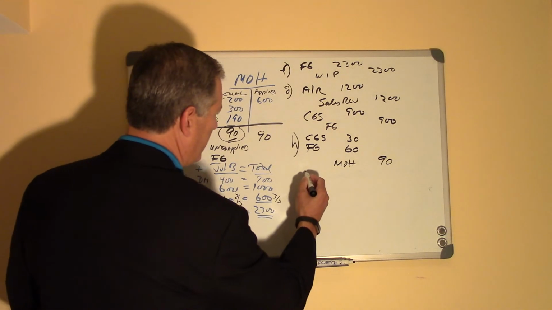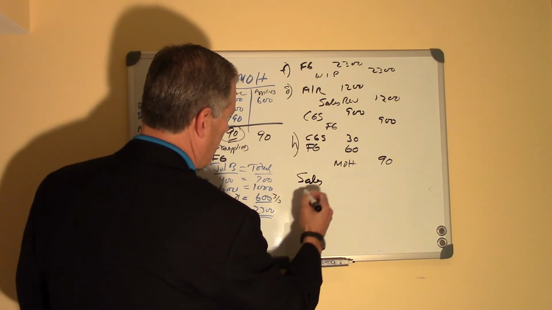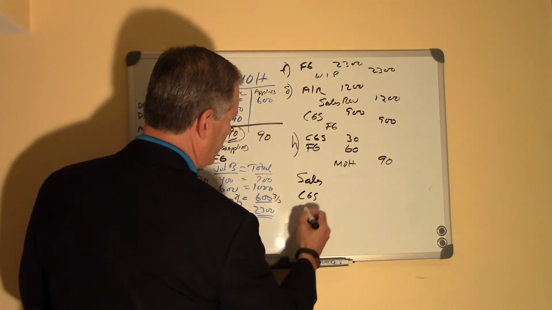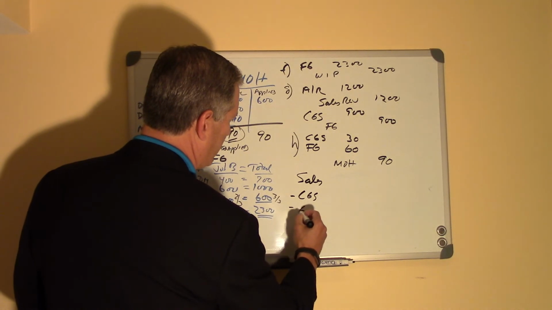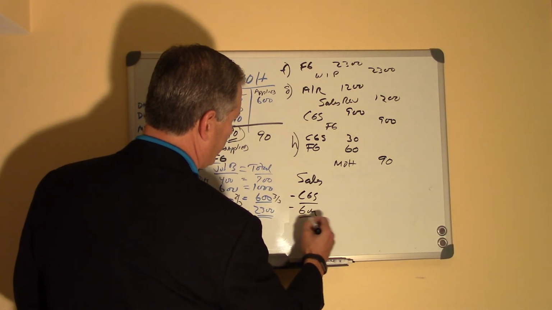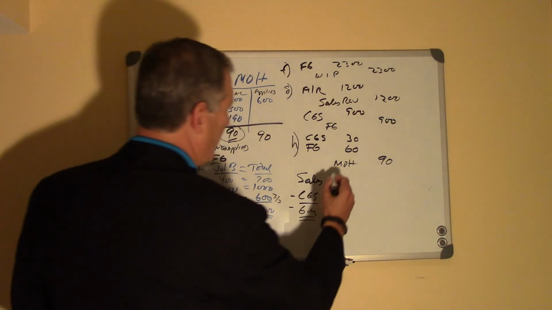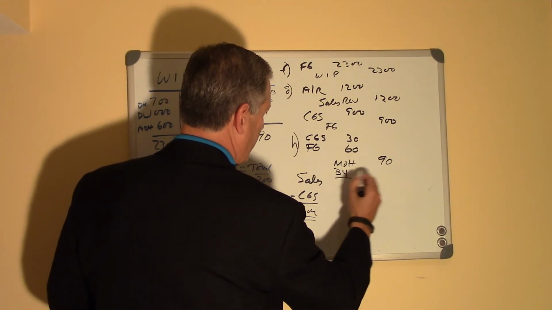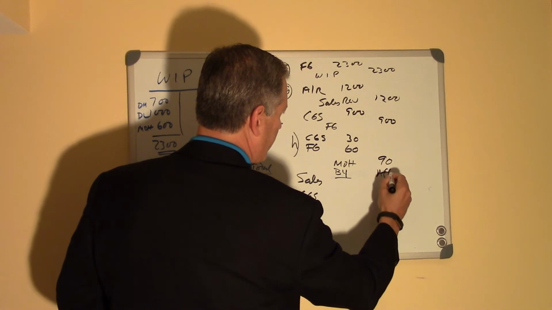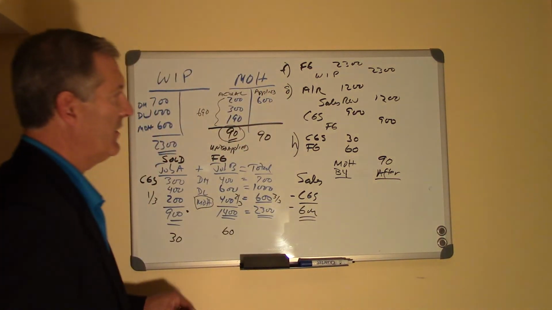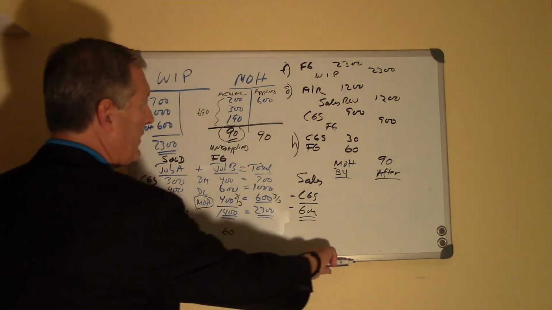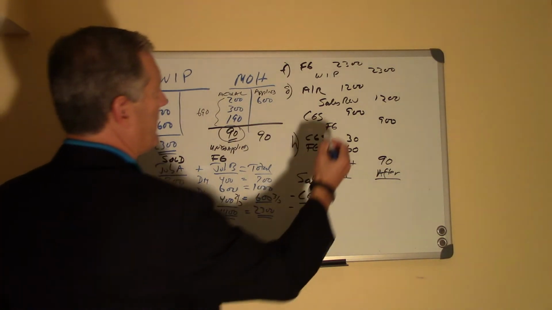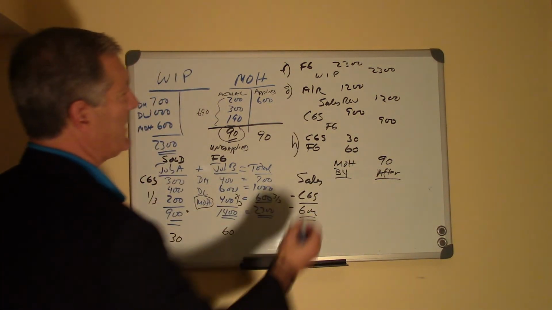Well, it's simply sales minus cost of goods sold equals gross margin, right? So we have before, and we're going to have after. Sales. Well, where are these numbers coming from? Well, it's basically going to be journal entries G and H.